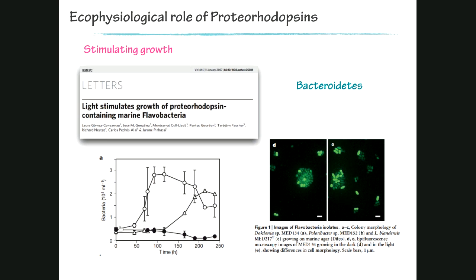It showed that when the culture was grown under light, the cell counts were much higher than when growing in the dark, and also that a culture kept in the dark, once switched to light conditions, could also reach higher cell concentrations.